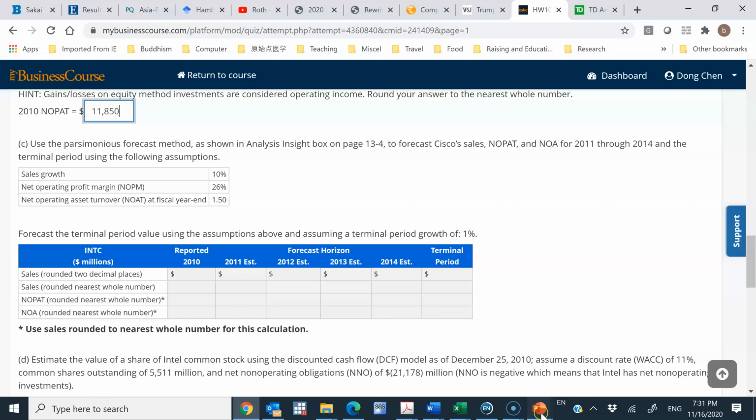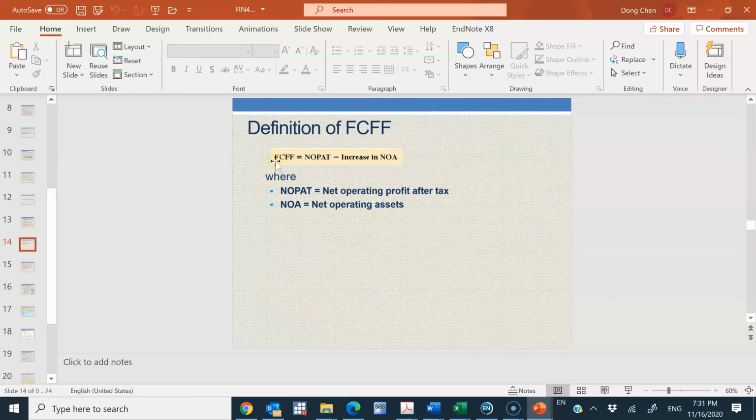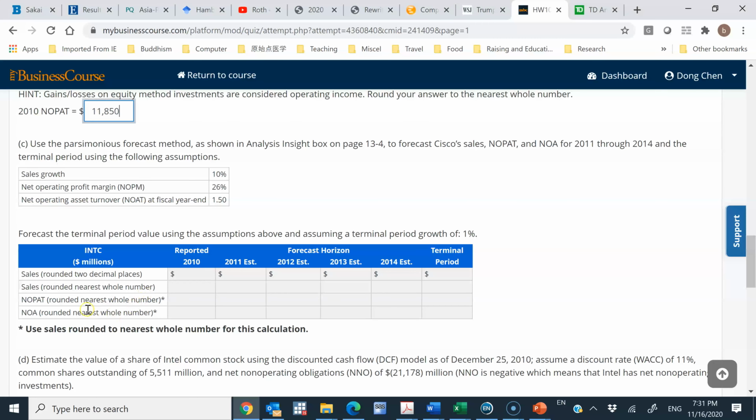And why do we do that? Because if you check the formula for the FCFF, which is the free cash flow to the firm, that is NOPAT minus the increase in NOA. Once we know the NOPAT and the NOA for each year, we can further figure out the FCFF.